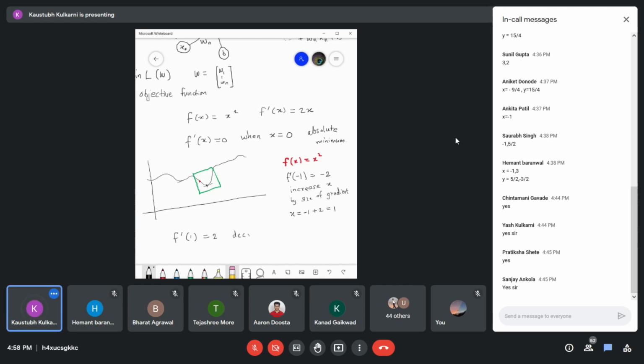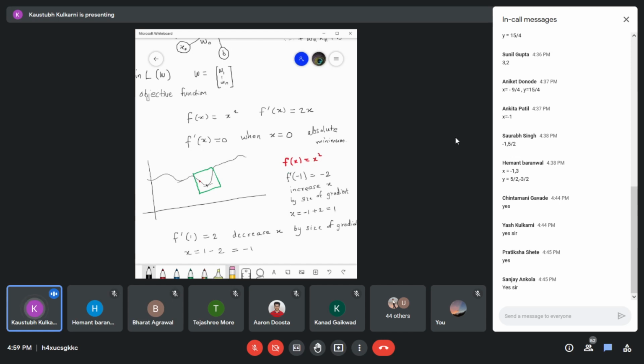You will decrease x, and by what amount? By the size of the gradient. So x will be 1, size of the gradient is 2. Because we want to decrease, we will do -2, and x will become -1.